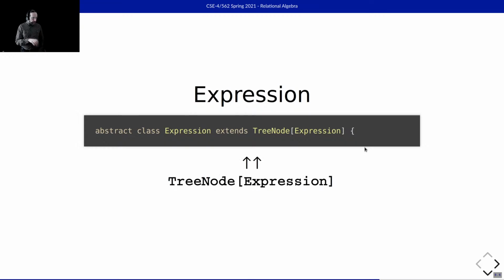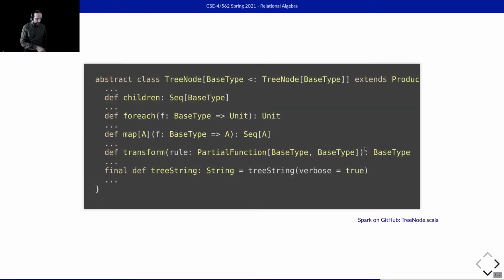So tree node is essentially the base class in Spark for abstract syntax trees. And as it encodes a tree, there's a bunch of things that you'd expect. So you can get the children of the node. You can transform the children of the node. You can get a convenient string representation of the tree. And this is fantastic for debugging.